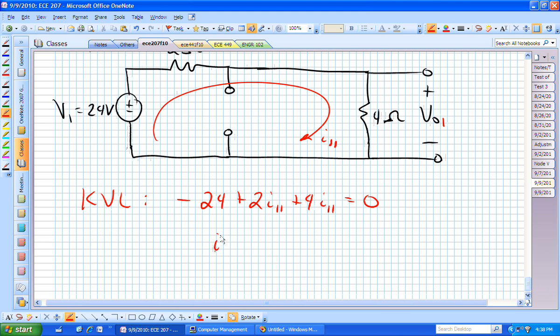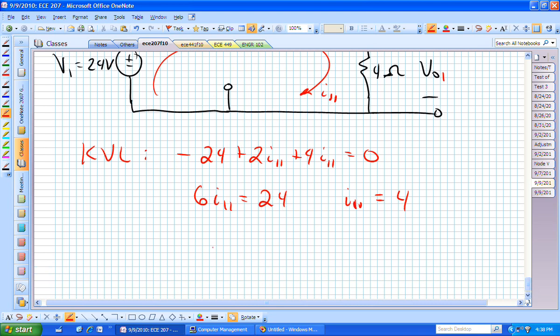What's I11? Well, let me keep going. 6I11 is 24. Am I doing that right? Please stop me if I'm sleeping up here. What is then V sub 0, 1?